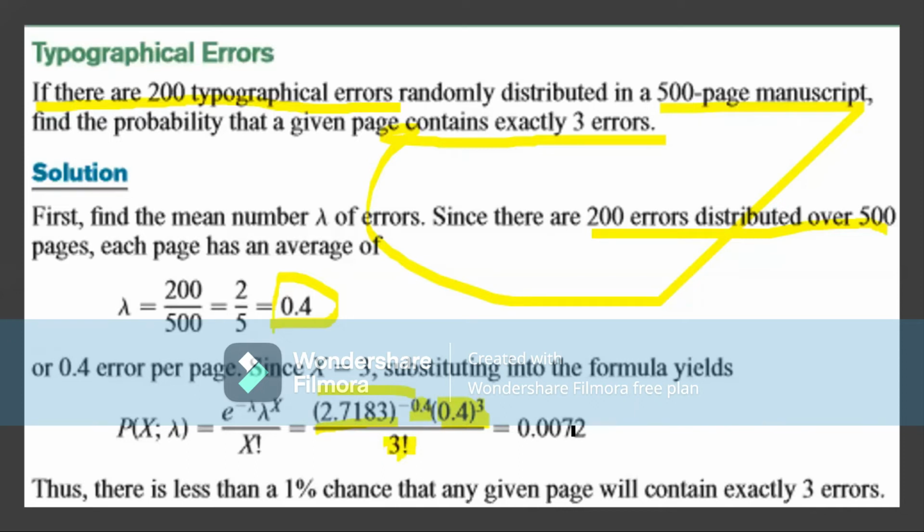So in total, this is the formula. You put in the values and then you can calculate it, and it's 0.0072. So there is less than 1% chance that any given page will contain exactly 3 errors.